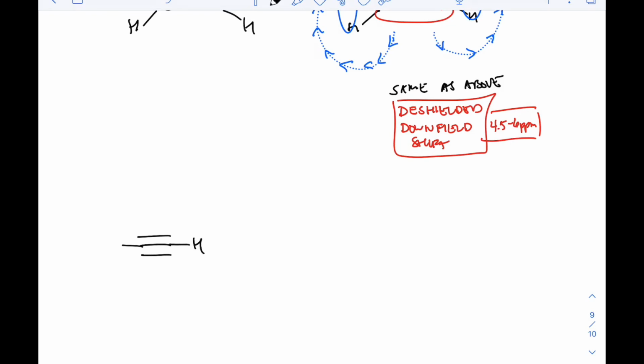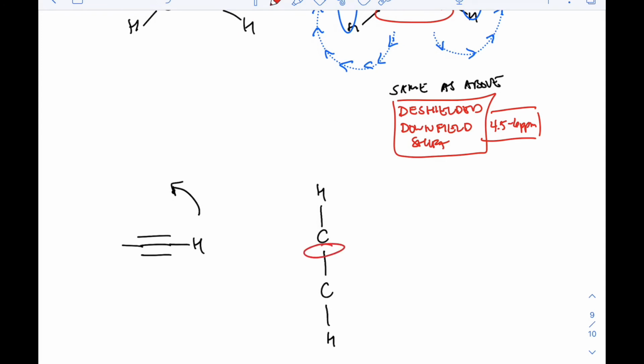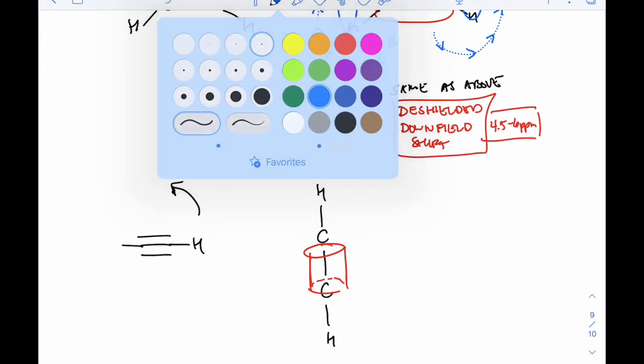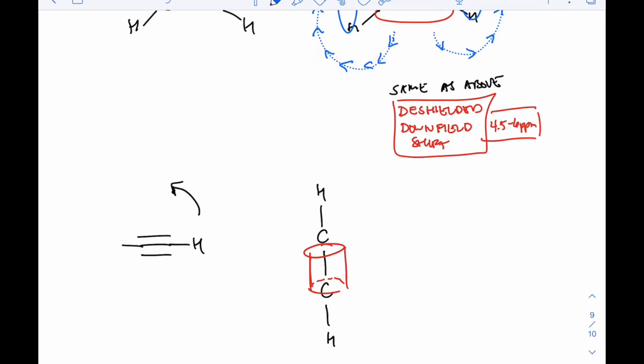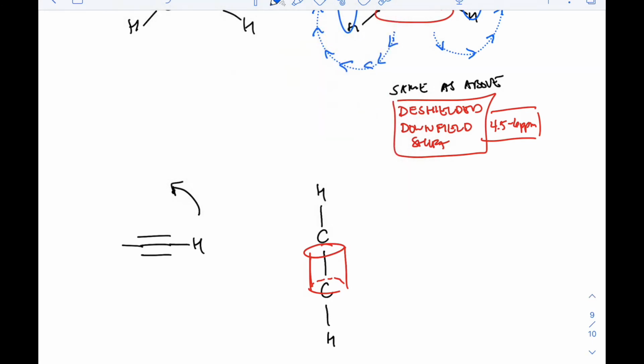So for this particular structure, what we have to do is just rotate our structure 90 degrees, and so we'll have a carbon bond in the vertical position, and then we have our pi electrons looking like this, and then our induced magnetic field created by the circulation of those electrons is going in this direction. Same direction, right?